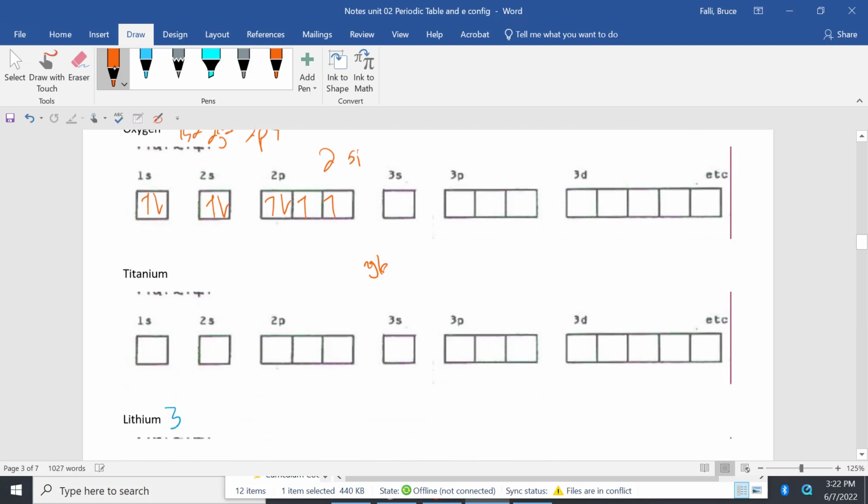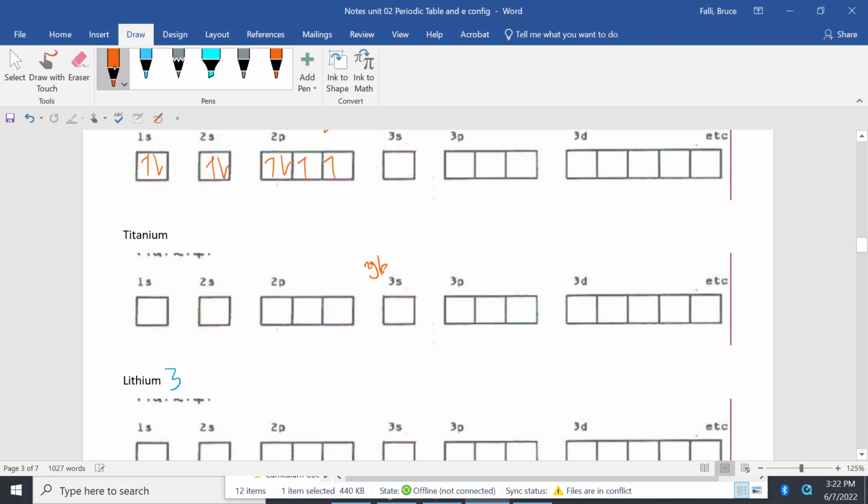Titanium. Titanium ends in, it's 1s2, 2s2, 2p6, 3s2, 3p6, 4s2, 3d2.